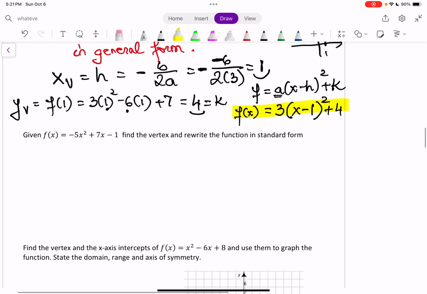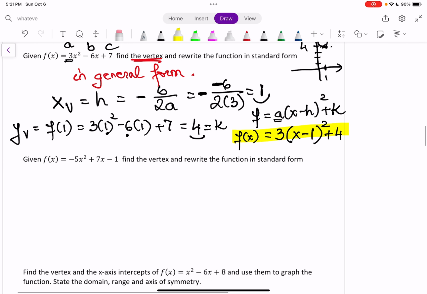Okay, let's try this again. All I want to do is find the x-coordinate of the vertex. B is 7.